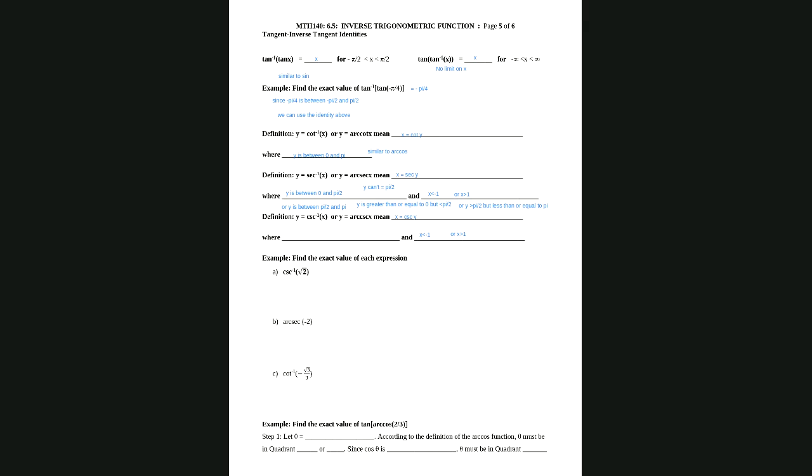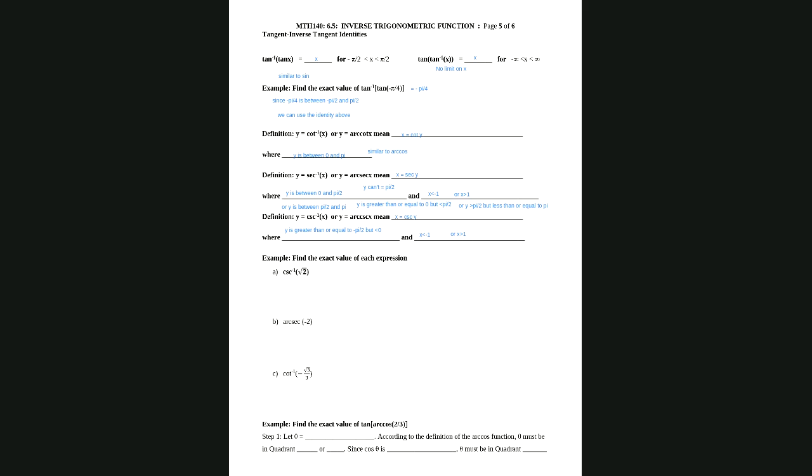And then y is greater than or equal to negative pi over 2, but less than 0, or y is greater than 0, but less than or equal to pi over 2.